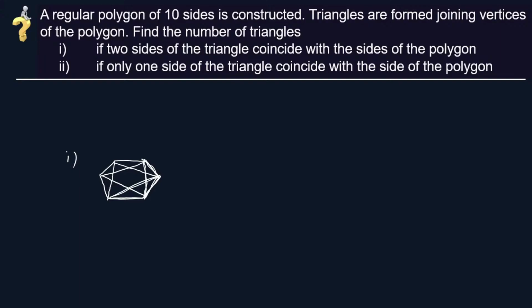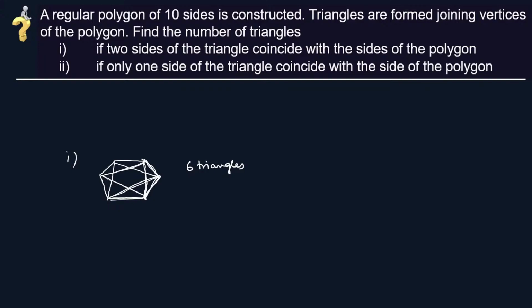1, 2, 3, 4, 5 and 6, I think. This is 1, this is 2, 3, 4, 5 and then 6. Correct? So there will be 6 such triangles when we join the vertices of the polygon to form a triangle.